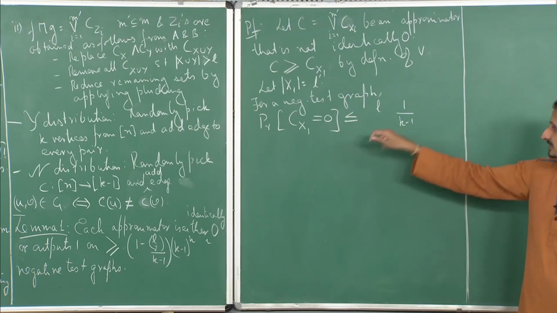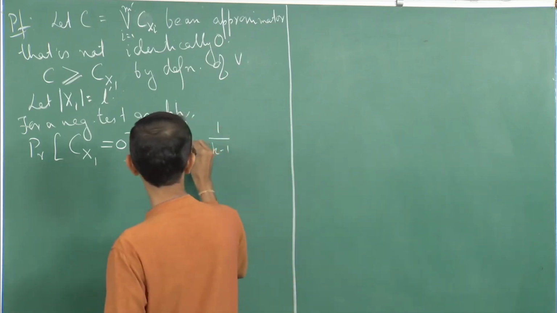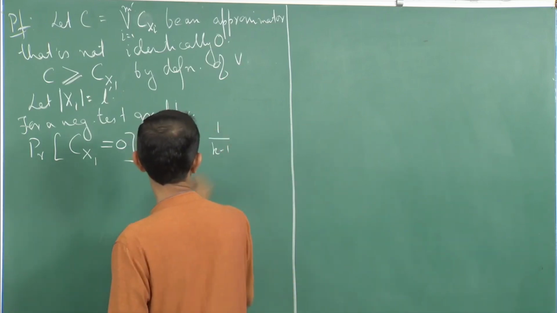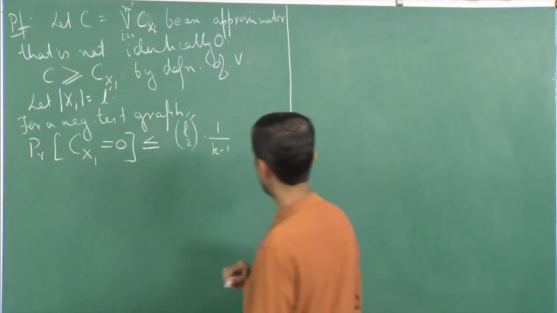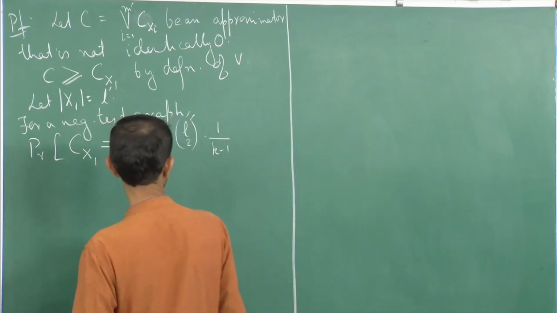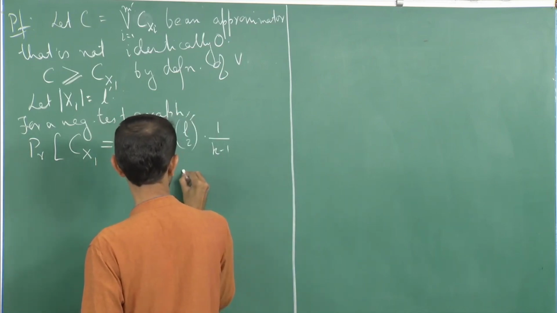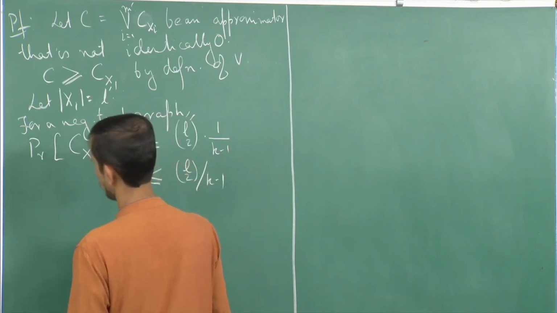The ways I can choose two vertices is L prime choose 2. So it is L prime choose 2 times 1 over k minus 1. Now L prime is less than L, so this is at most L choose 2 by k minus 1.